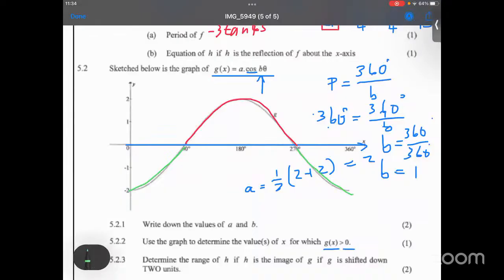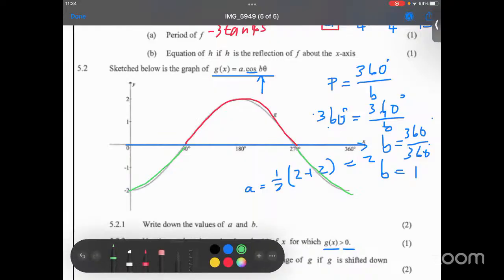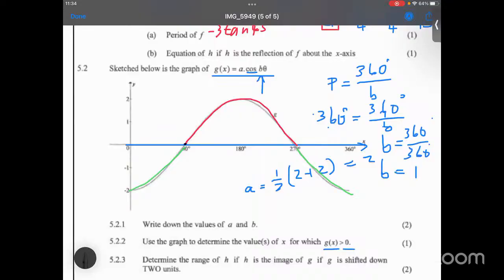Can you see? So, it is exactly at that point where it is 0. Exactly that point where it is 0. So the question did not say where g of x is greater than or equal to 0. They just said where g of x is greater than 0.